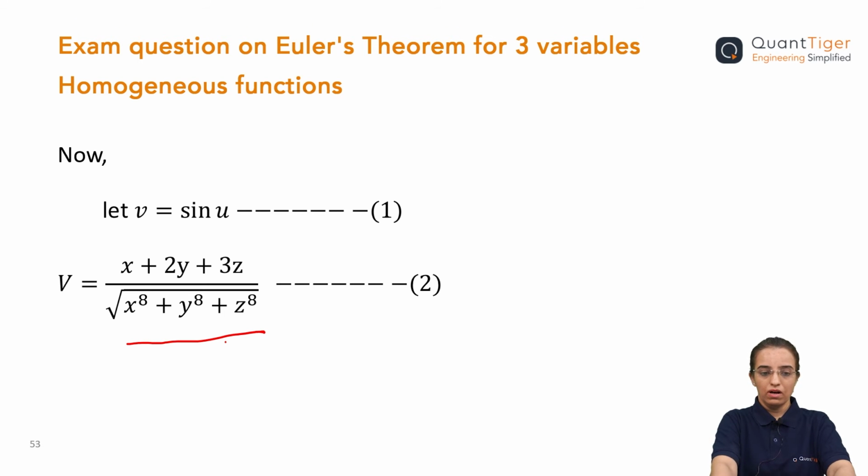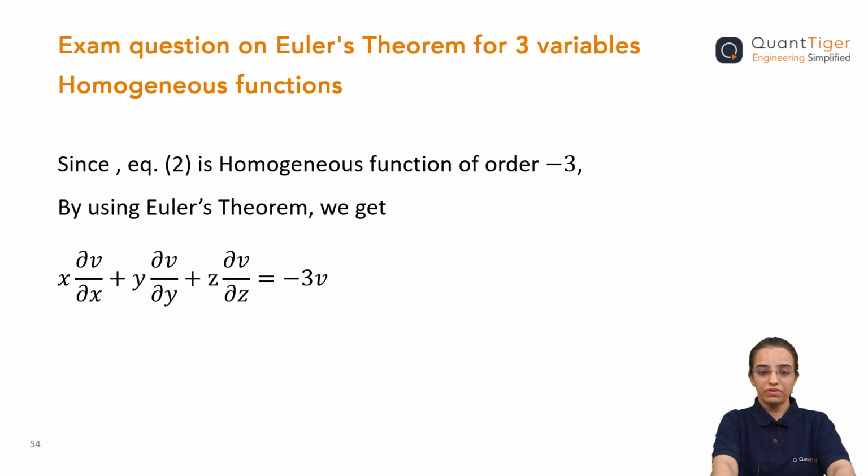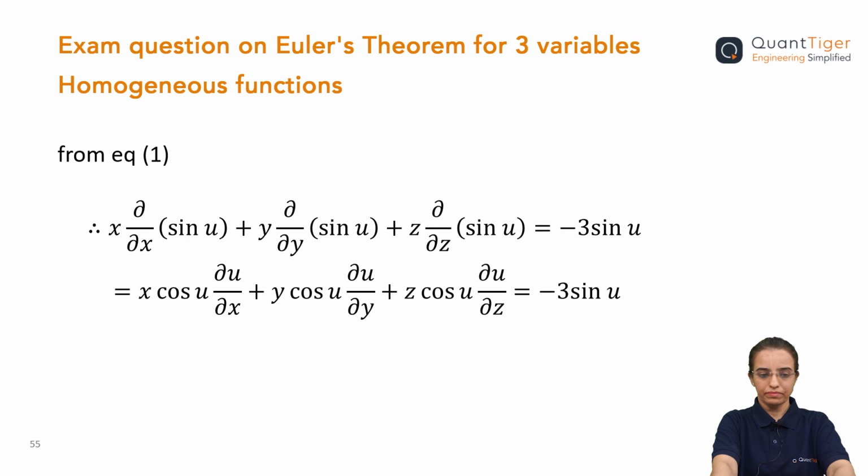Now what we can do is differentiate this equation with respect to x, y and z, because that's what Euler's theorem says. So that's the reason. The left hand side of the theorem, if you see, is something like this. The given function which we have converted in terms of v, that we can differentiate with respect to x, y and z.